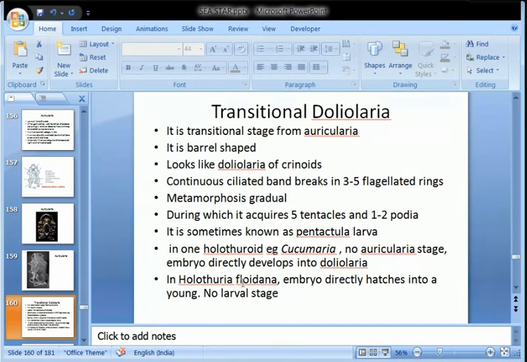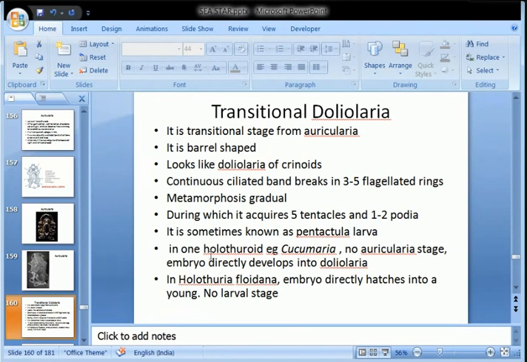In one holothuroid, that is in Cucumaria, this is the generic name, an example of a holothuroid, there is no auricularia stage, and the embryo directly develops into doliolaria. Right? So there is a huge diversity in terms of development also. So mostly there is an auricularia larva, but in Cucumaria there is no auricularia stage.